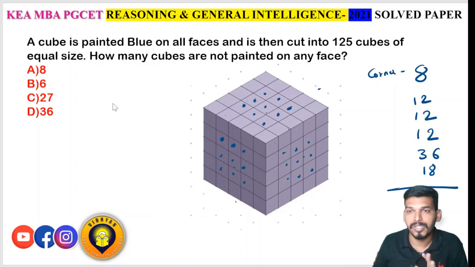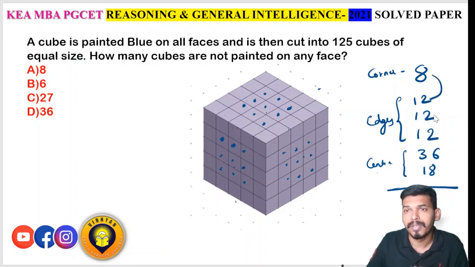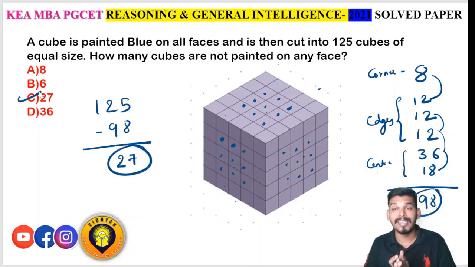These 12 are what comes in the edges. 36 and 18, these come in the center faces. What is the total? 12 + 8 is 20, 20 + 12 is 32, 32 + 12 is 44, 44 + 36 is 80, 80 + 18 is 98. So out of 125 cubes, if 98 cubes are colored, how many uncolored cubes remain? 125 - 98, that is 27. So option C, 27, is the right answer.